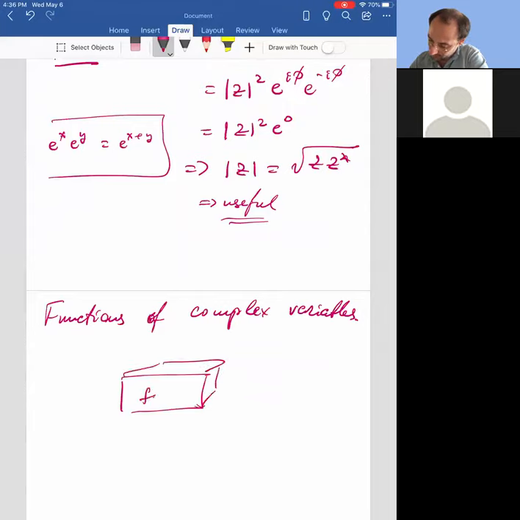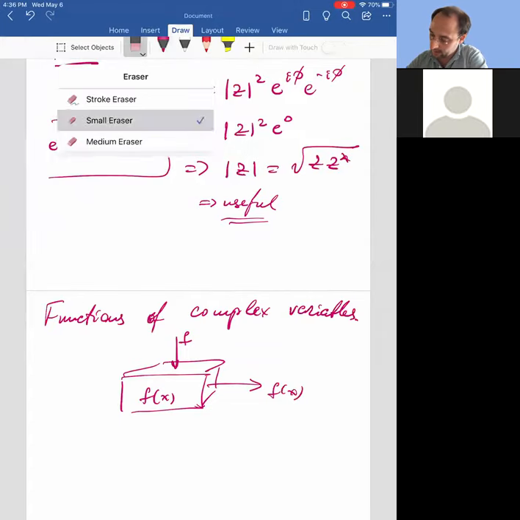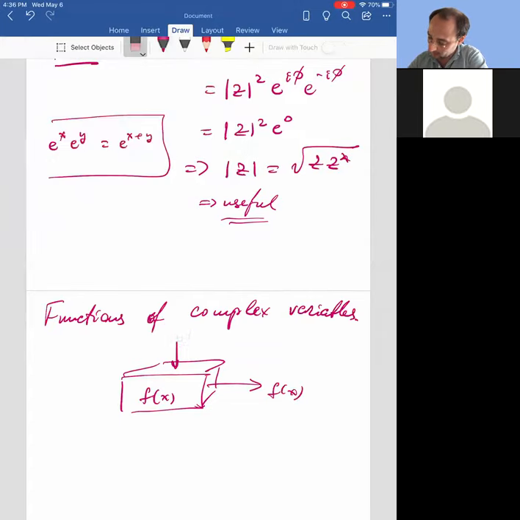So here's f. You put an x into it, and it spits out f of x. That's in general. So let's call it function f.